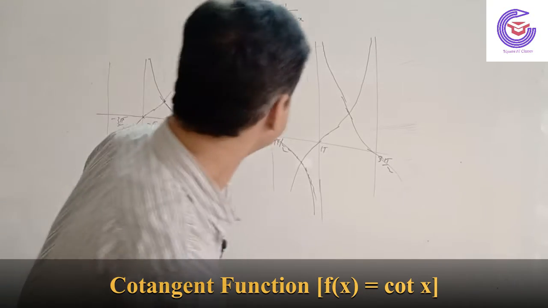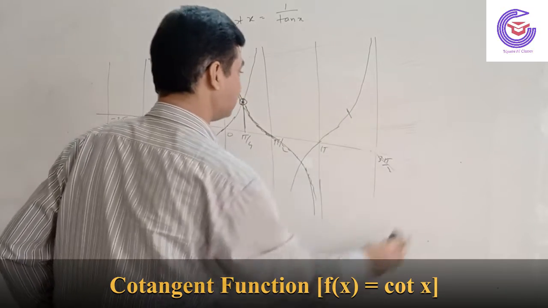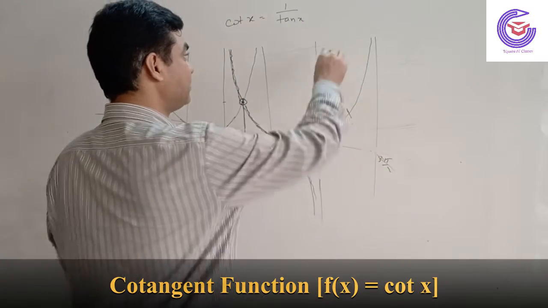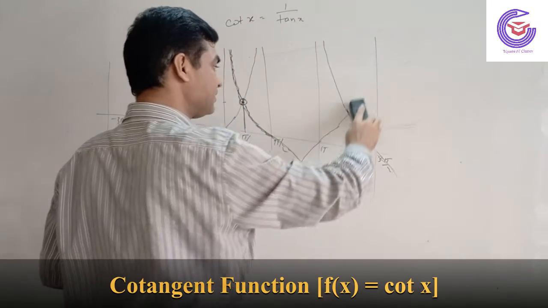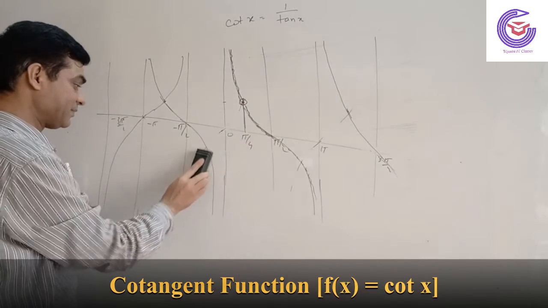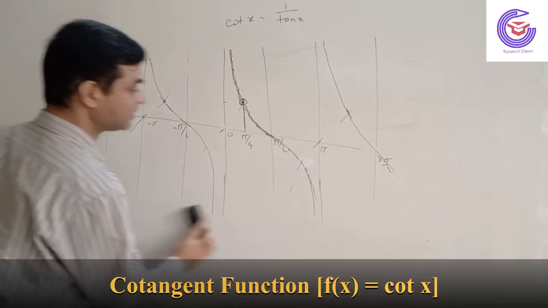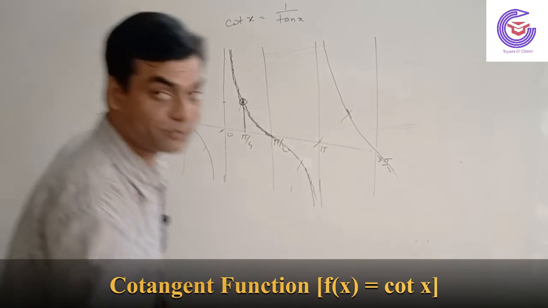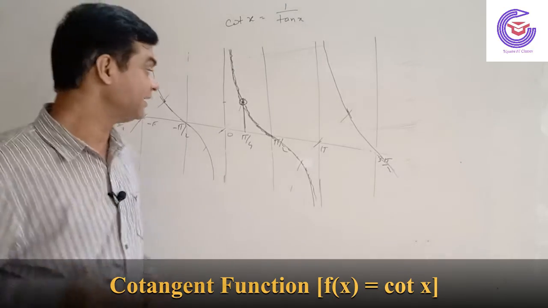So if you remove the tan x part, just remove this one. So the remaining graph is here. That is your cot x. So this is your graph of cot x. How did we plot this? We plotted this with the help of tan x, just the reciprocal of tan x.